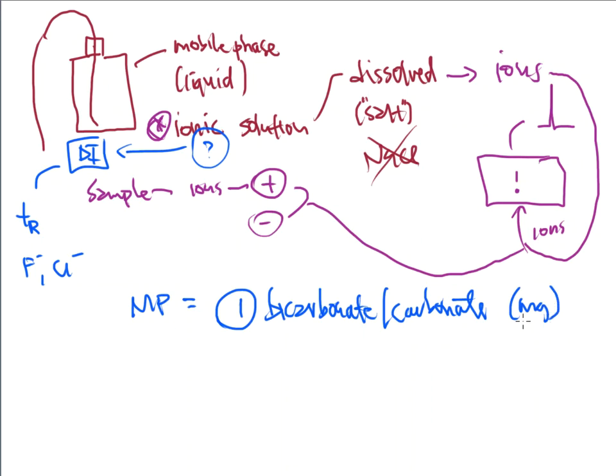Super, super tiny amounts that get dissolved traditionally in 2 liters of water, because that's your traditional size mobile phase jug that sits up at the top of the instrument. This is typically 2 liters. Now, of course, you can do bigger ones if you want to. If it fits, then you're more than welcome to make as much mobile phase as you want. But normally those are 2 liters. So milligrams of each one of these into a whopping 2 liters of DI water.